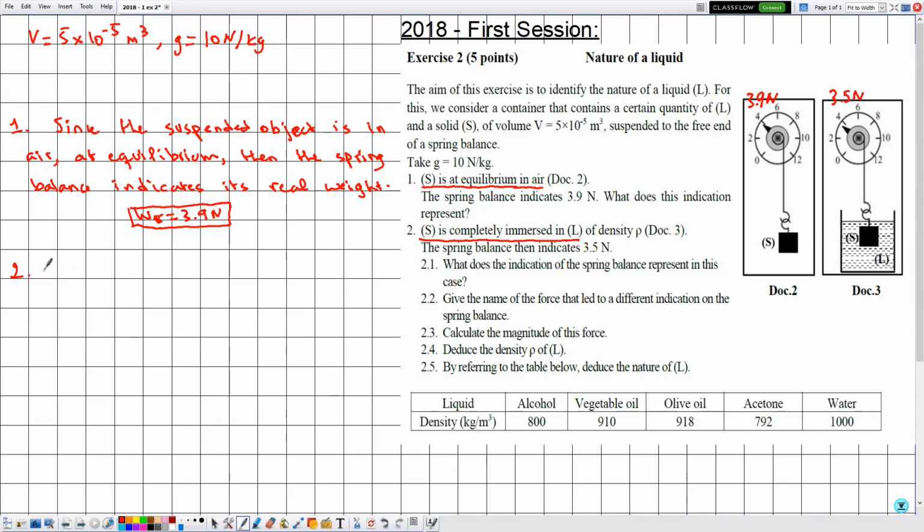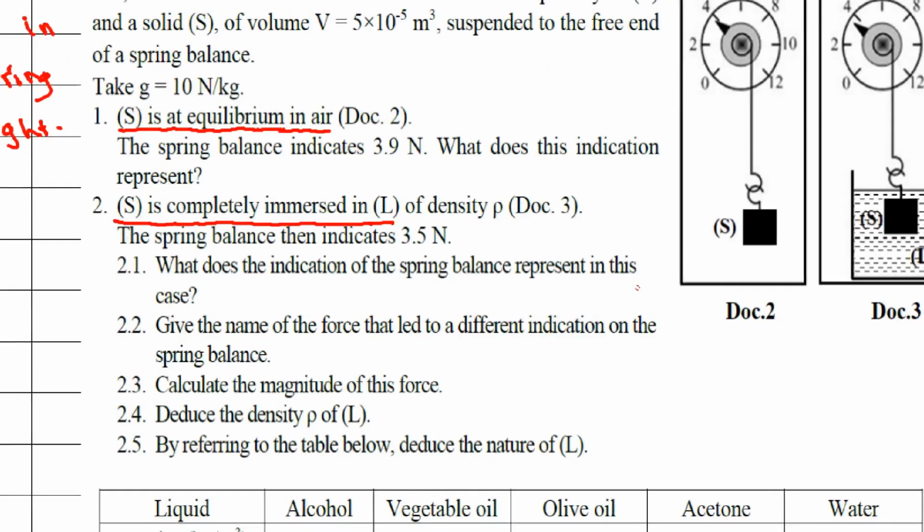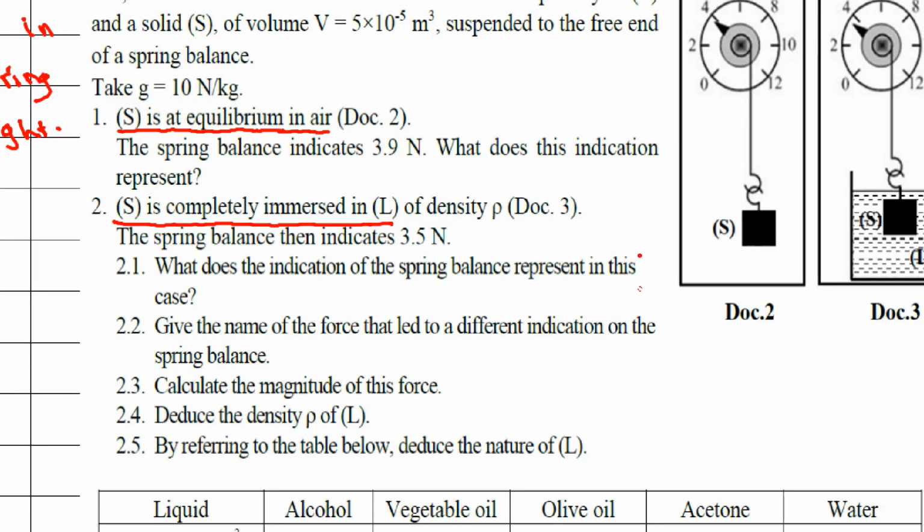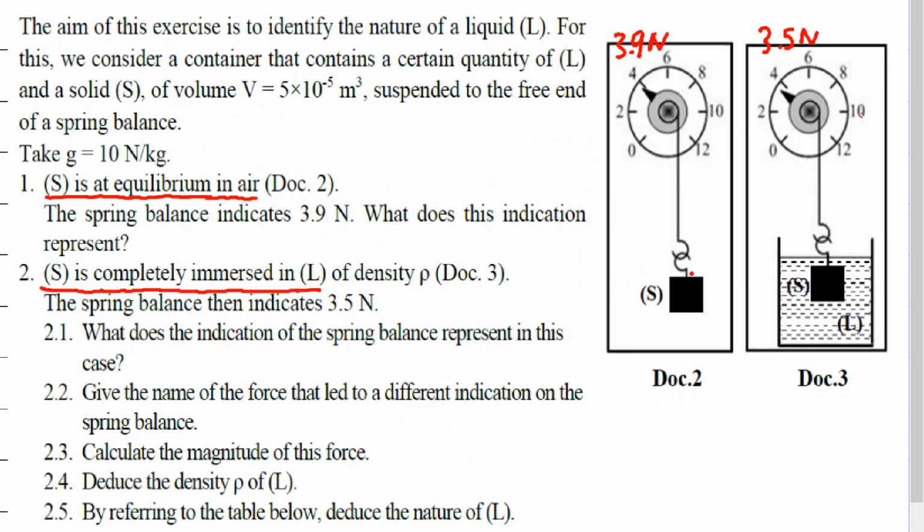Now 2.1. What does the indication of the spring balance represent in this case? Knowing that the solid S is immersed in liquid and it is at equilibrium, in this case the spring balance indicates its apparent weight.